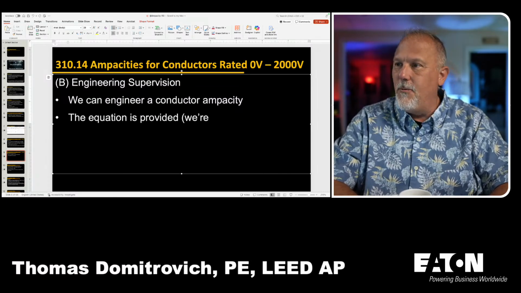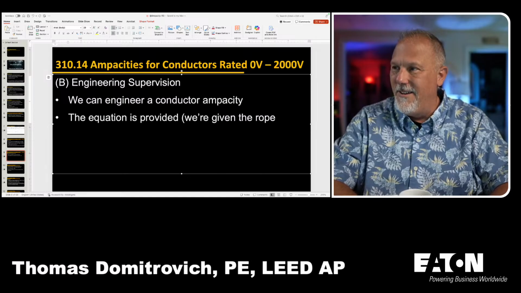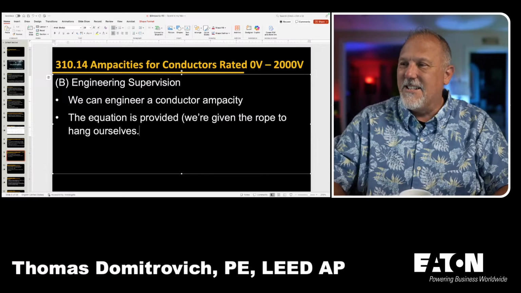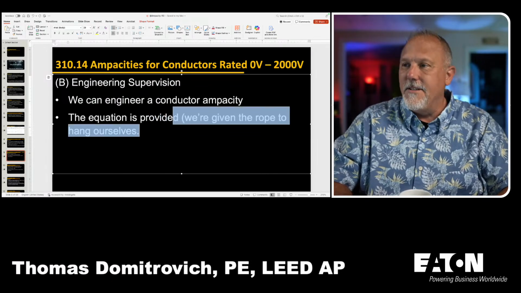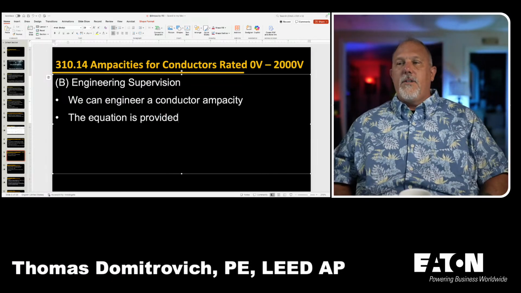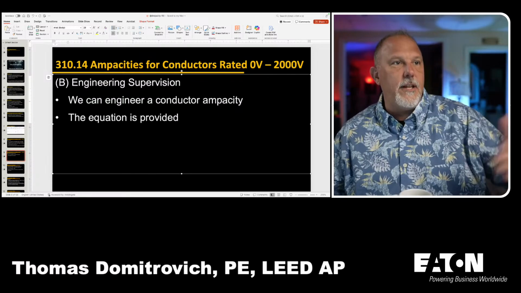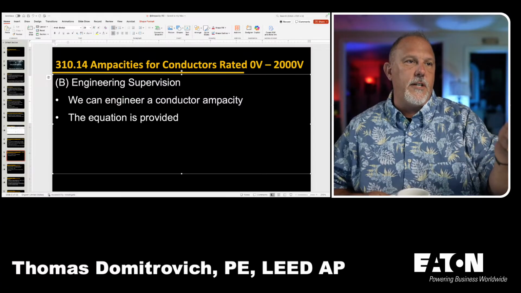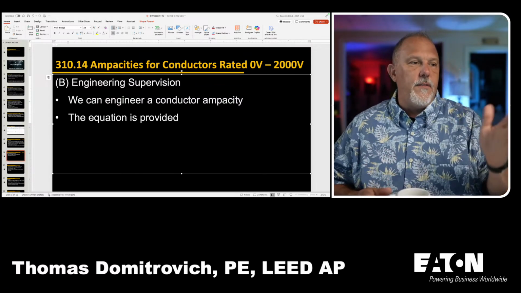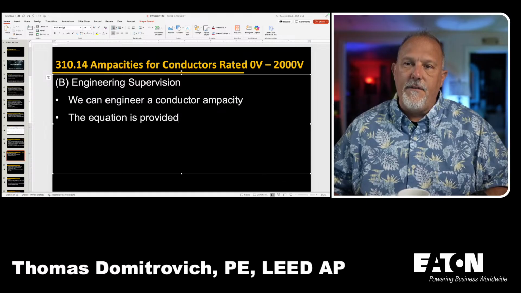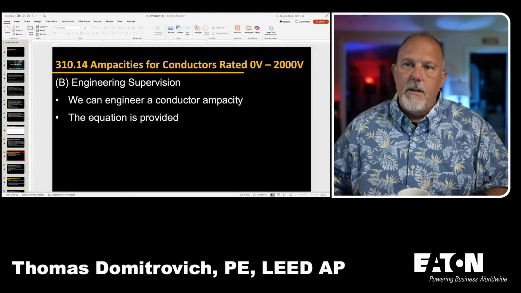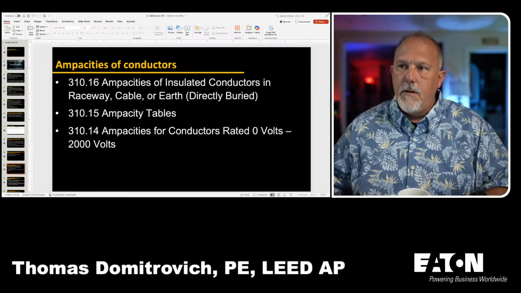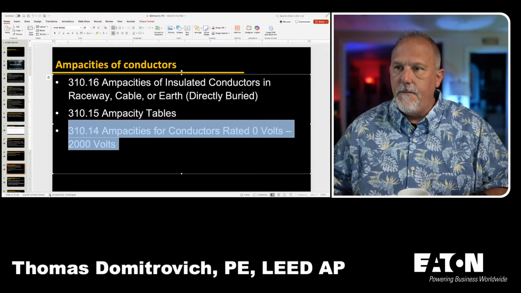Basically, we're given the rope to hang ourselves. Right? So I'll take that out. So the equation for calculating the ampacity is there. We've got two temperature ratings, RDC, etc. So we're given that information in 310.14. All right. And then, so that's 310.14.